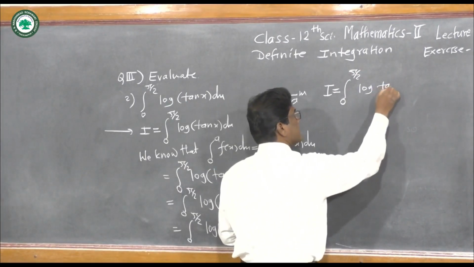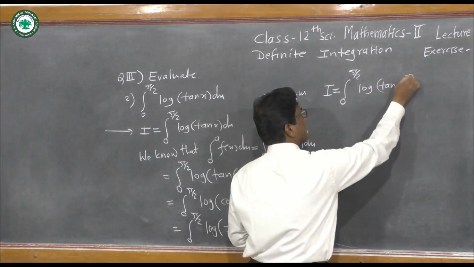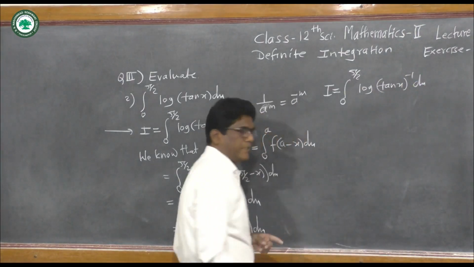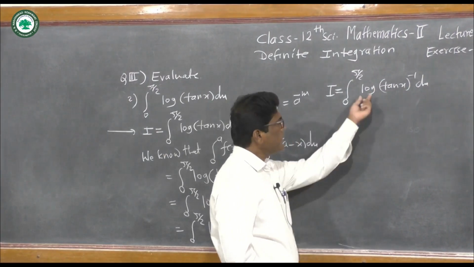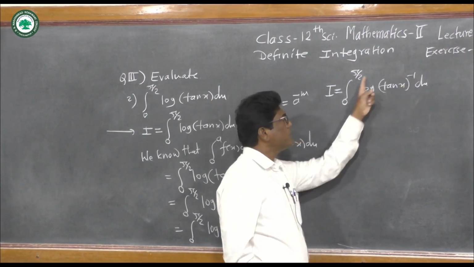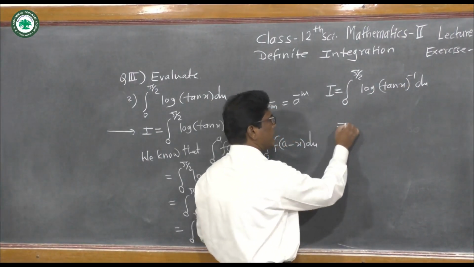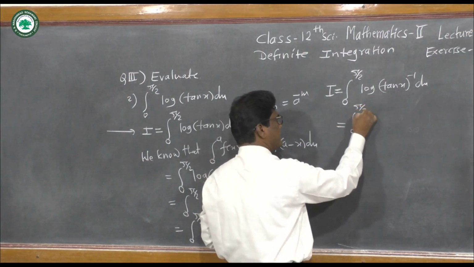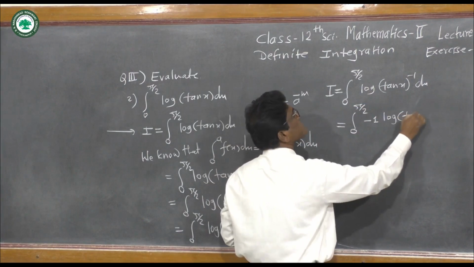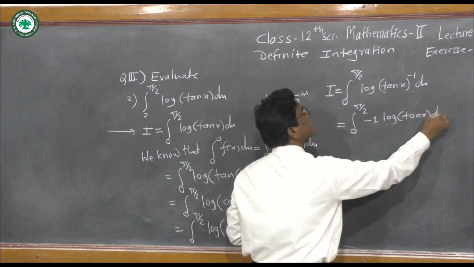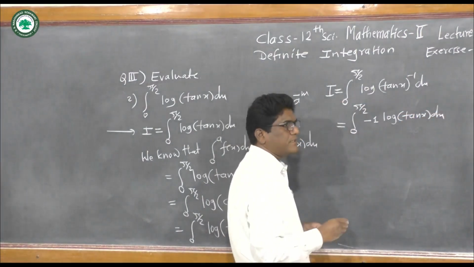So tan x to the power minus 1 dx. Get it? And now using the property of logarithm, this power becomes a coefficient. So it is equal to integration 0 to pi by 2 minus 1 into log of tan x dx. Take this minus 1 outside the integral.